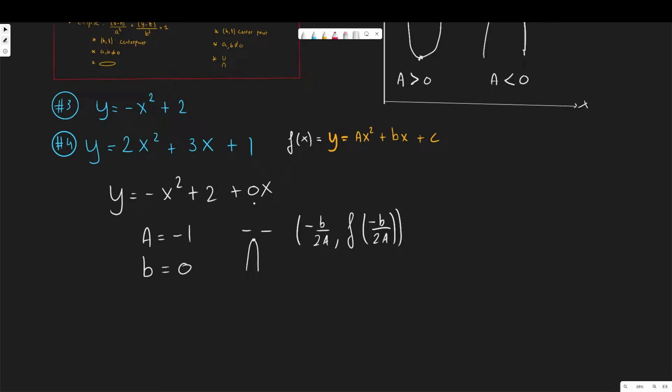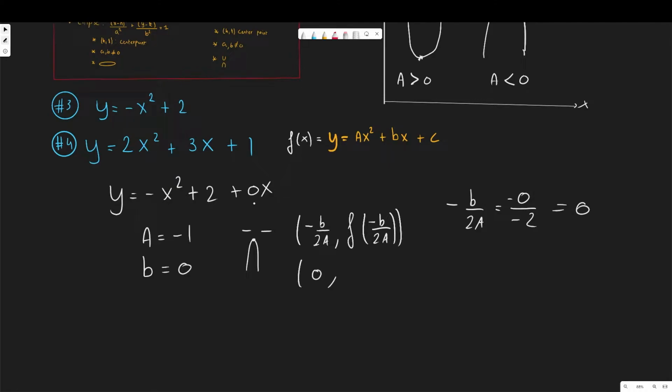So let's calculate what negative b over 2a is equal to. Negative b over 2a is equal to negative times b, so b is 0, and 2 times a, which is negative 1, so it will become negative 2. So this just will become 0, so our x coordinate will be 0.